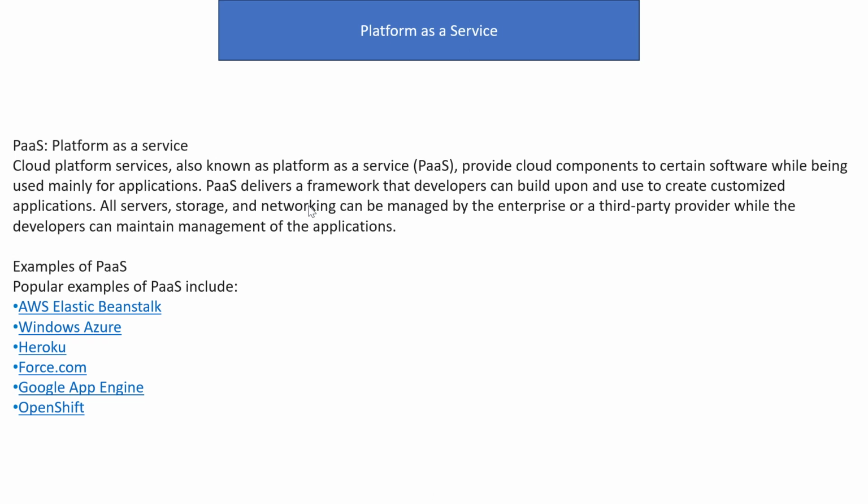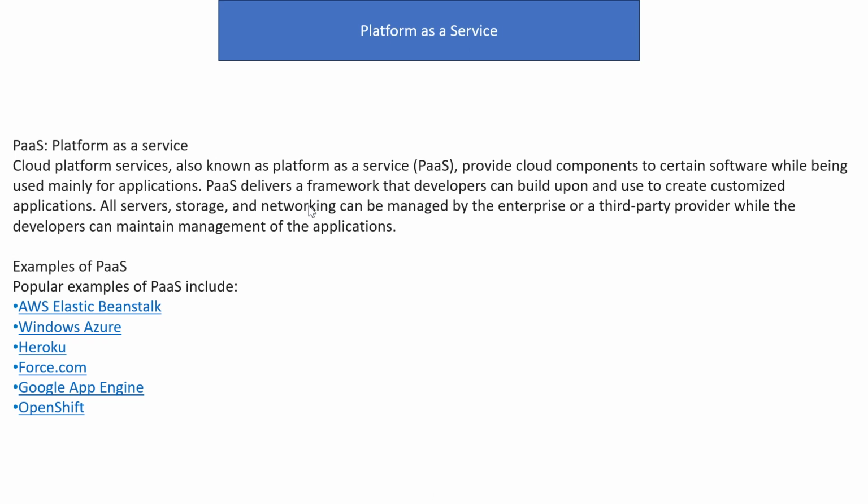Using that platform, you don't need to maintain any operating system or any development environment. They will provide you the development environment along with the operating system and other administrative operations, so you can build the apps as per your requirement.